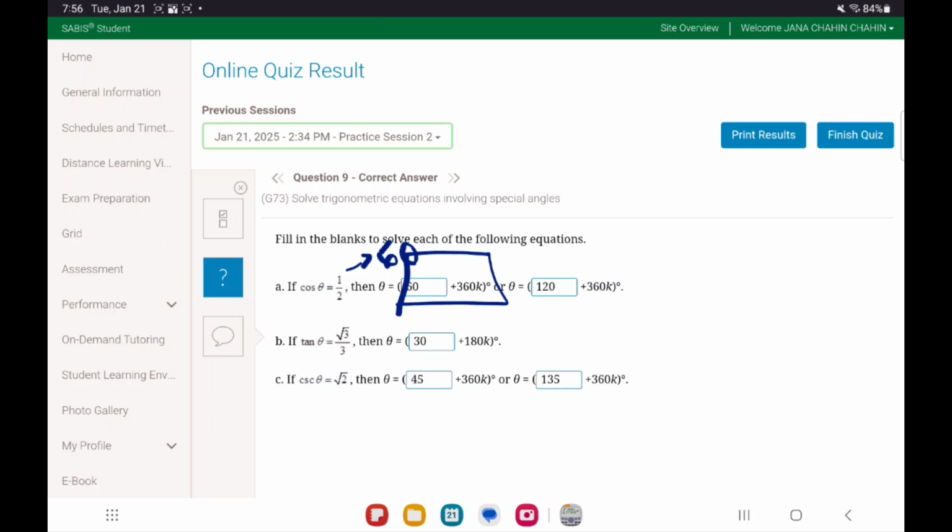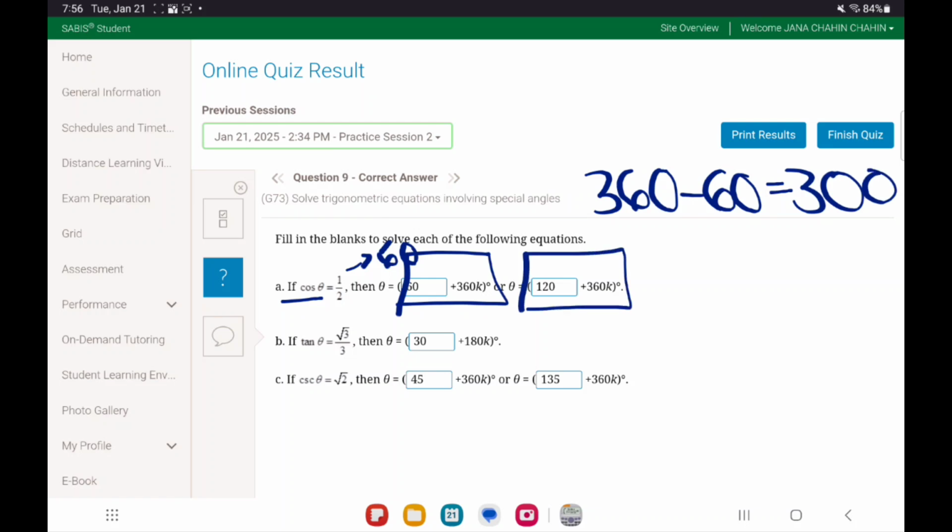And then, because cosine rotates every 360 degrees, we subtract 60 from 360, which equals 300. And that's what this answer is supposed to be, okay? This answer is supposed to be 300. That's why that answer is wrong, and that's how you solve it, okay?